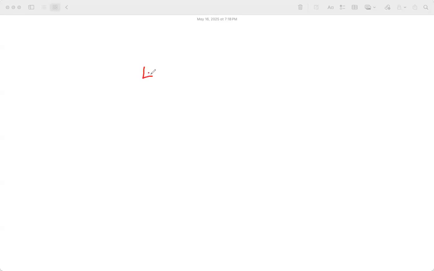How about 410000000? How to write it in scientific notation? The decimal point is here, right? So you have to move 1, 2, 3, 4, 5, 6, 7, 8. 8 digits you have to move back, right?